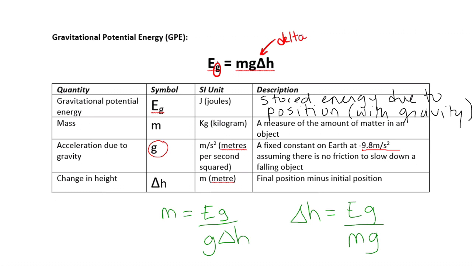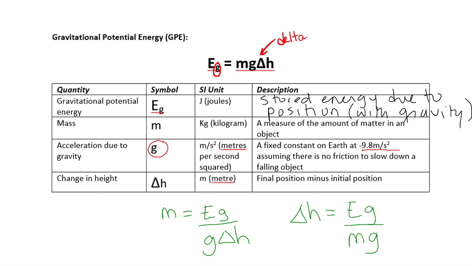m, again, is mass, measured in kilograms again, kg, and is a measure of the amount of matter in an object. Acceleration due to gravity is what we call a constant, and we represent this by just a lowercase g. It is measured in meters per second squared, and it varies depending on the planet.